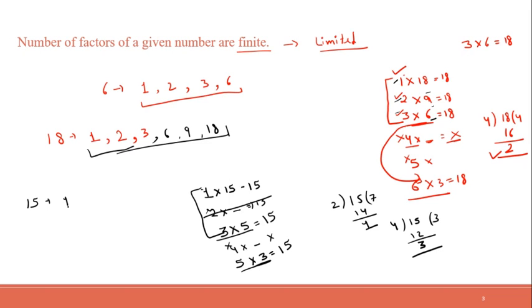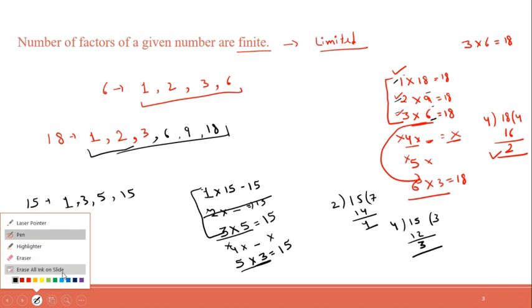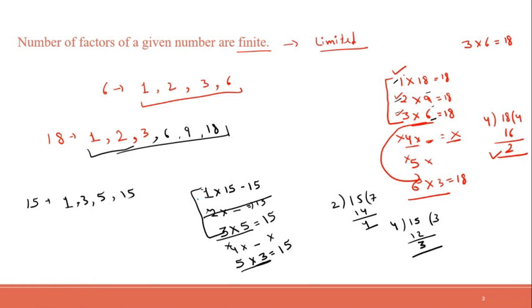So the factors will be 1, then 3, then 5, and then 15. Like this: 1 into 15 is 15. 2 will not come, right?